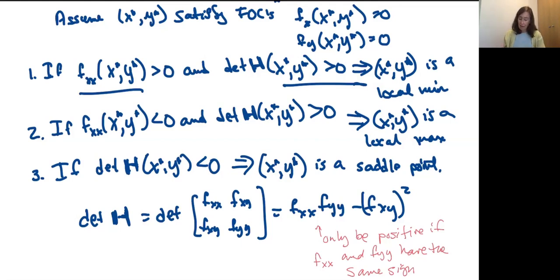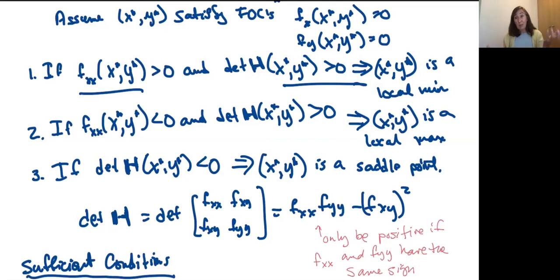Okay, these conditions are sufficient conditions. If they hold for a critical point, you know what that critical point is. If they don't hold, like if the determinant is 0 or those direct second partials are 0, it's inconclusive.